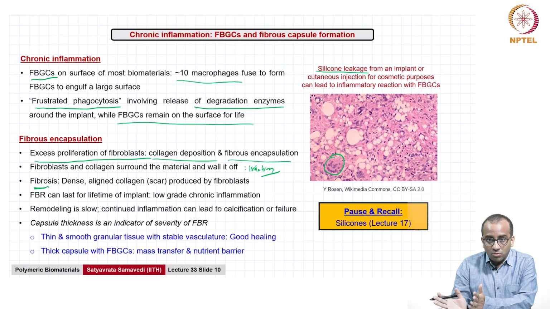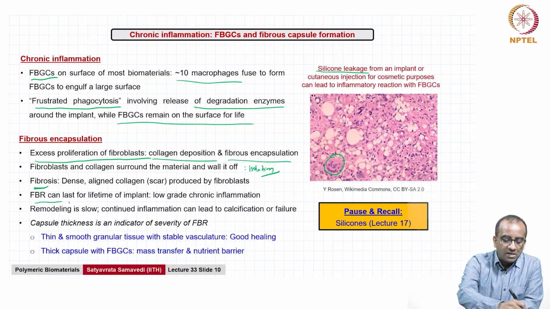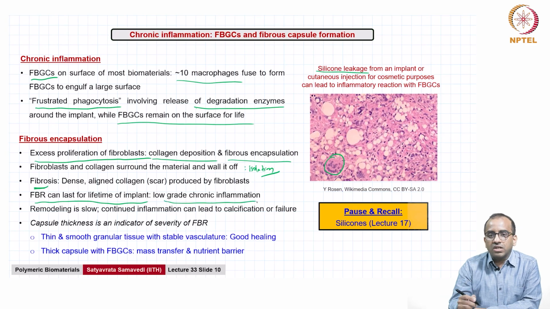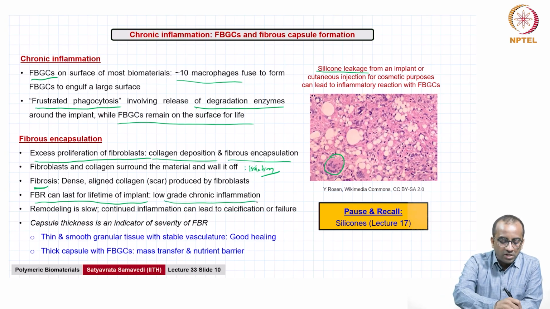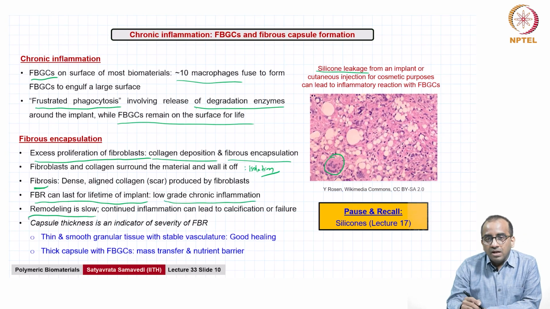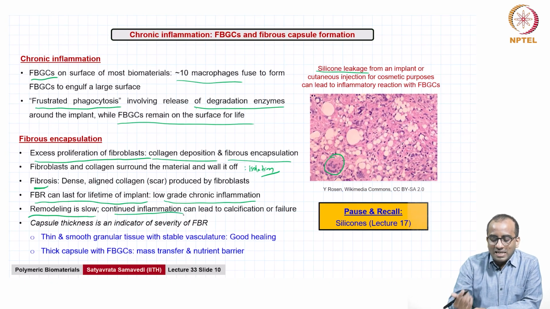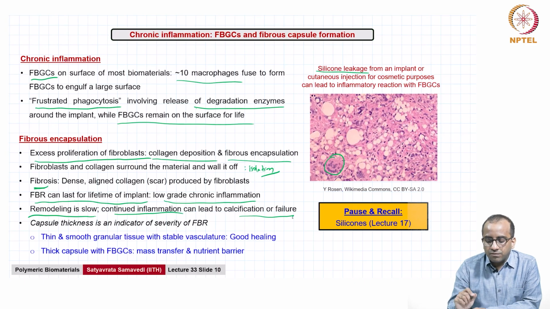But in the good case scenario, even if the FBR lasts for the lifetime of the implant, it's typically low grade chronic inflammation where remodeling is slow, and sometimes continued inflammation, depending on the severity, can lead to calcification, which we have seen earlier, or perhaps even failure of the implant.